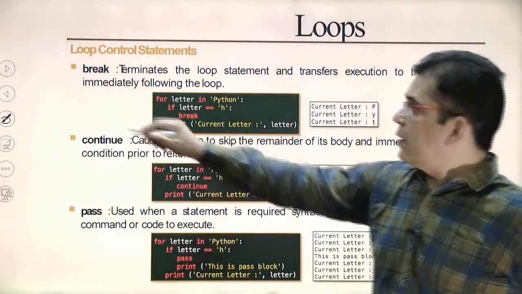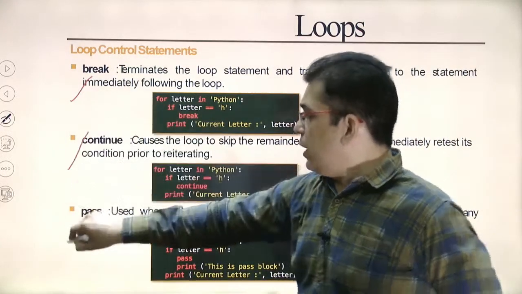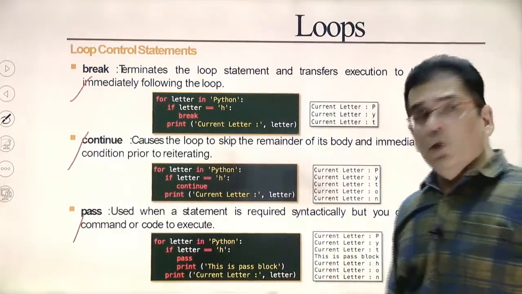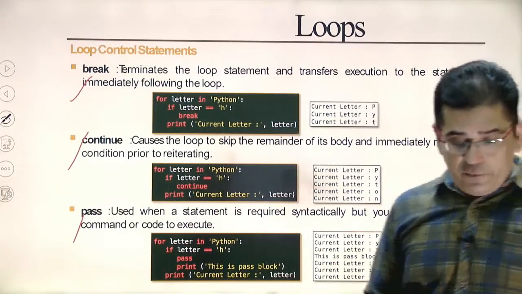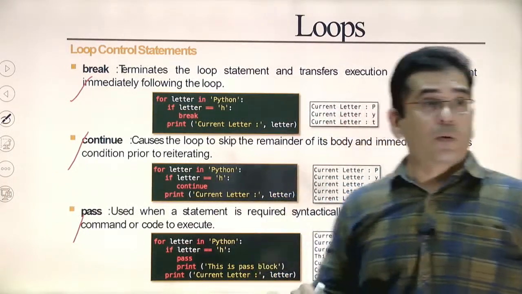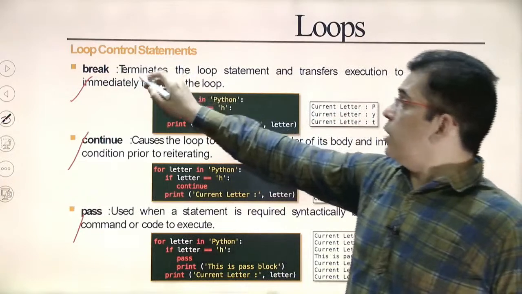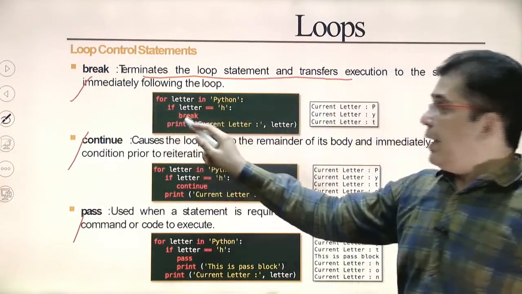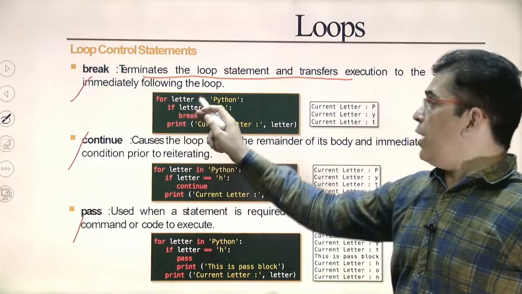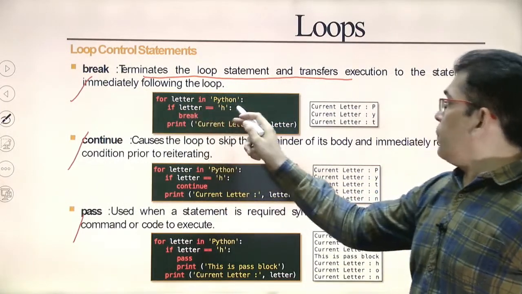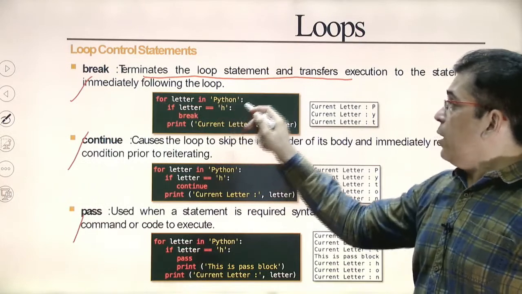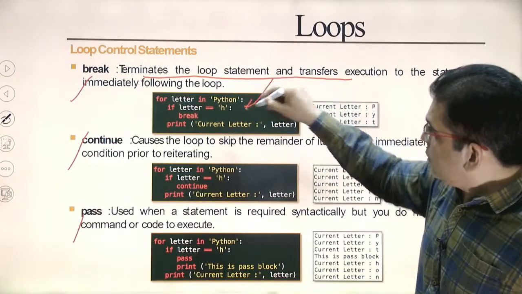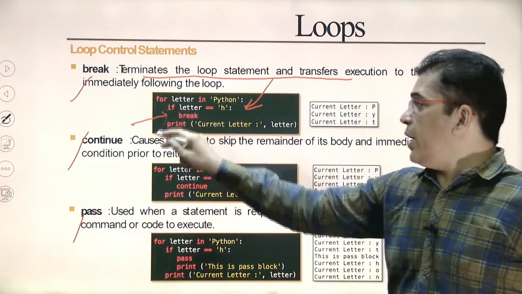So the last slide covers break, continue and pass statements. These are the loop control statements, as in every other programming language. If you want to terminate the loop at any particular point, then you can use the break statement. As you see in this example, for letter in Python, once you print the letters P, Y, T, on letter H we place the break condition.